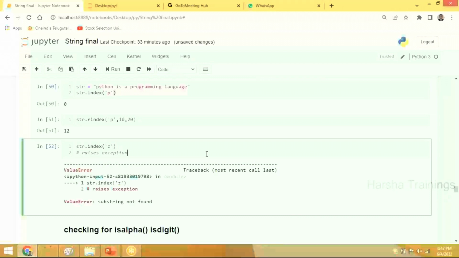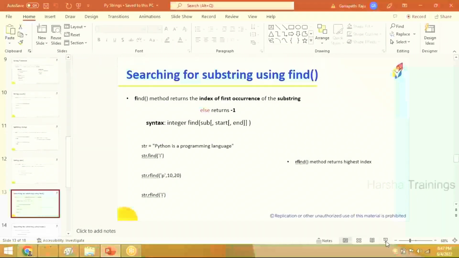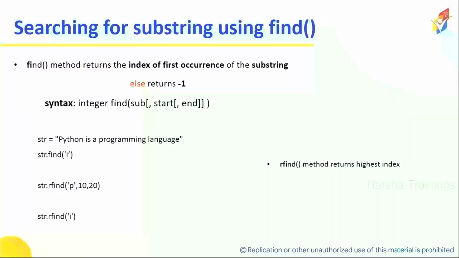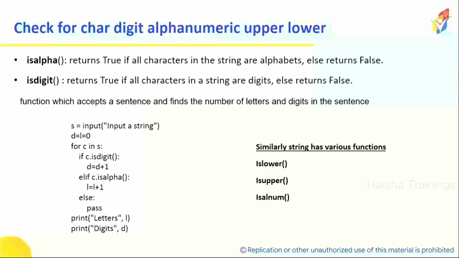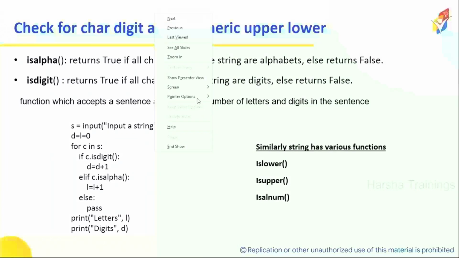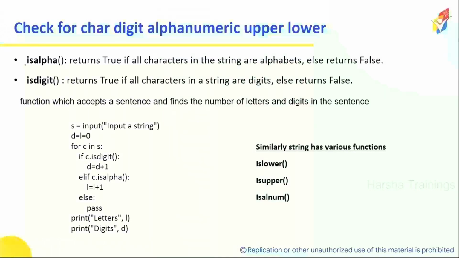Index is completed, very good. Next, there are two functions used specifically for data preprocessing. The first one is isalpha.